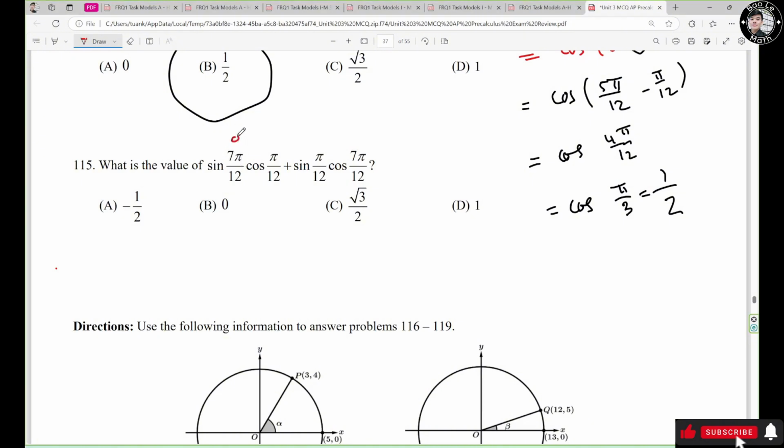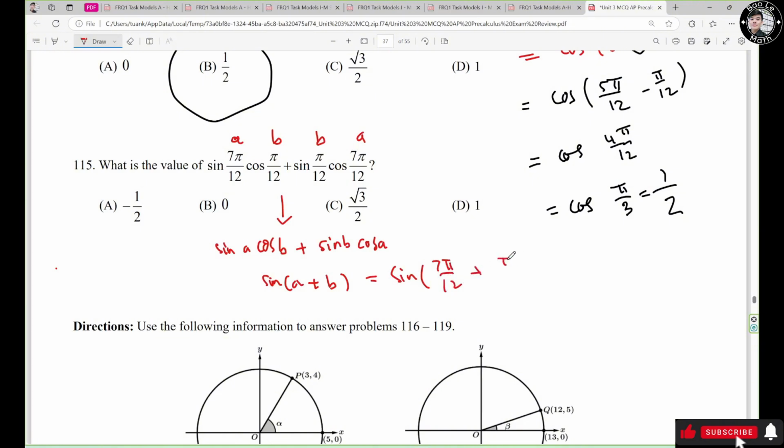Now question 115. We have sine of 7 pi over 12. We label this one as A, this one as B, this one as B, and this one as A. So just write out the formula: we have sine A cosine B plus sine B cosine A. This one is actually sine of A plus B. Now A equals 7 pi over 12, so we have sine of 7 pi over 12 plus B, which means pi over 12.